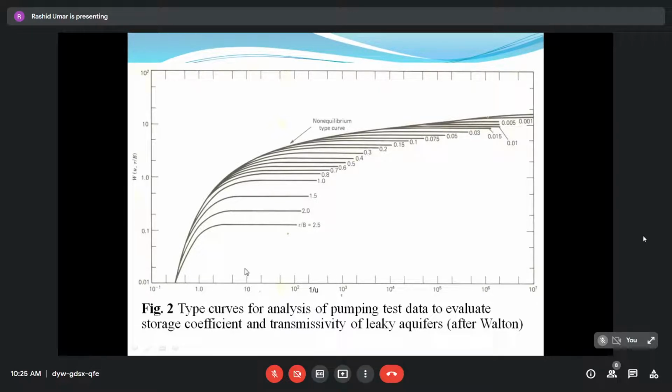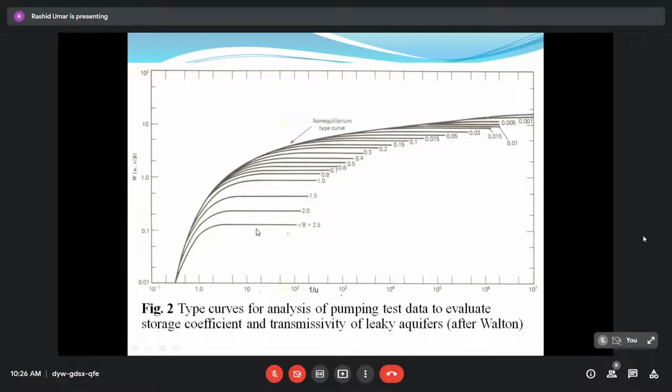Then what you will do, you will superimpose your data curve onto this graph, and you will have a number of dots on your data curve that will be your drawdown at different time intervals. Now you will be keeping these two axes parallel.